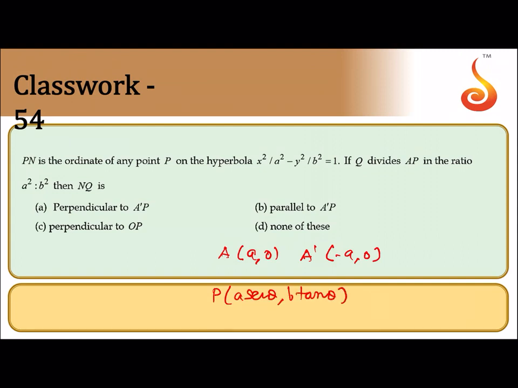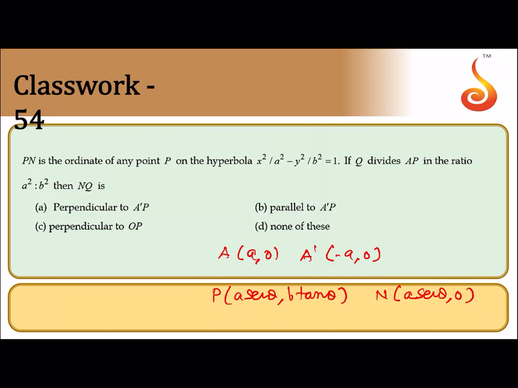P you take in parametric form, A secant theta comma B tan theta. So the N point is A secant theta comma 0. So Q divides AP. Once you find the ratio, we find that it is coming out to be perpendicular.